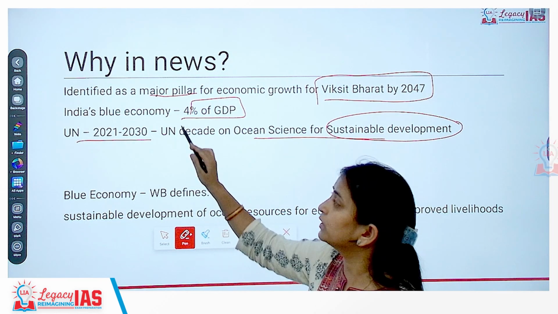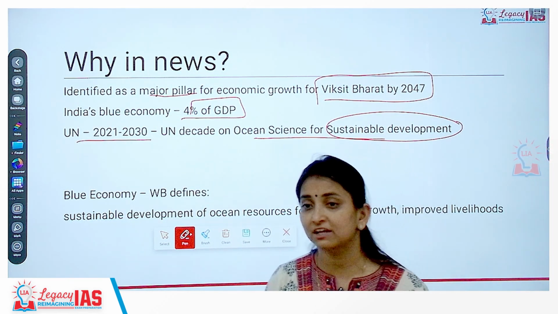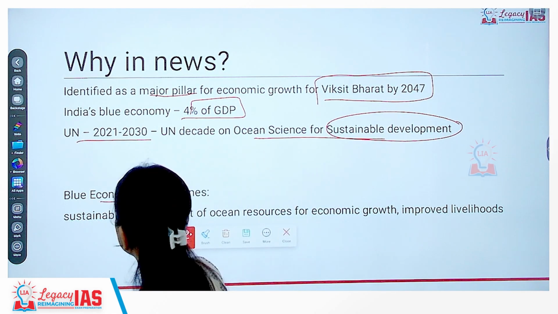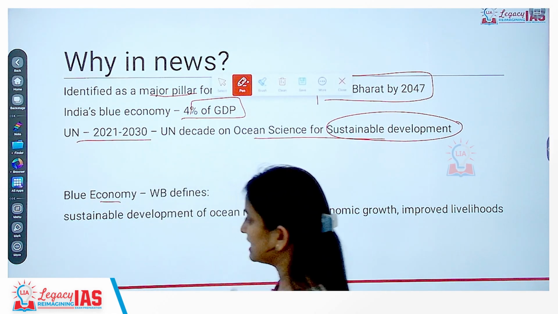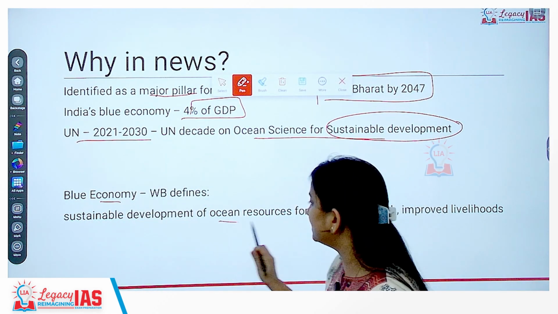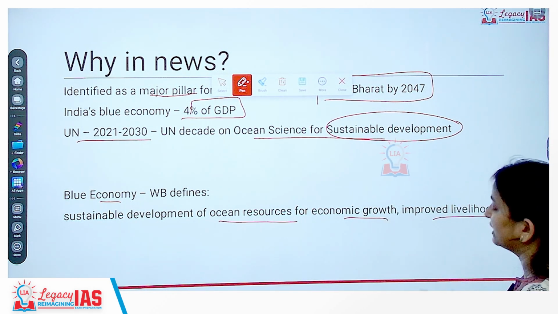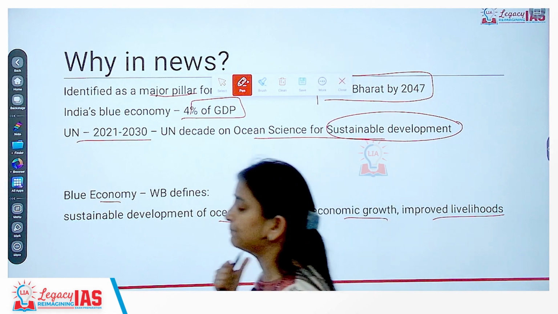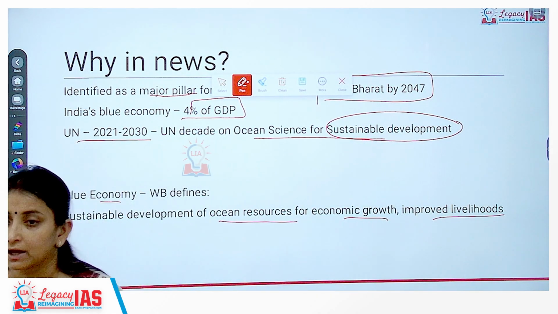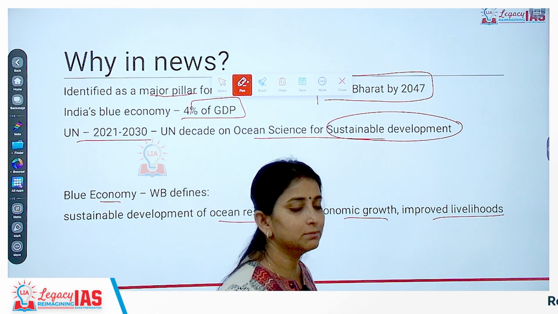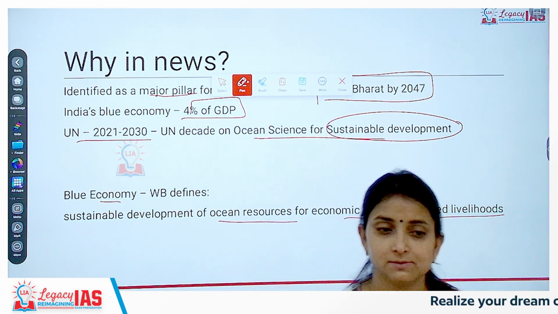Plus, India's blue economy's contribution is approximately 4% of India's GDP. Now, blue economy has been defined by the World Bank as a sustainable development of ocean resources for economic growth and improved livelihood. So, if it is helping us improve our livelihood plus also helping in economic growth in a sustainable manner, that is what we call blue economy.